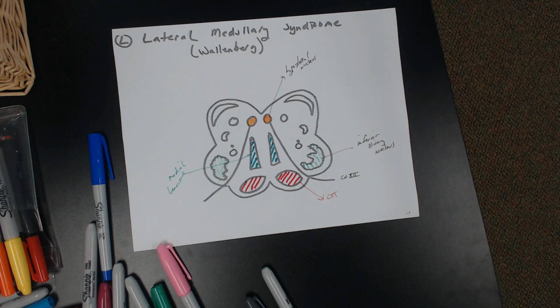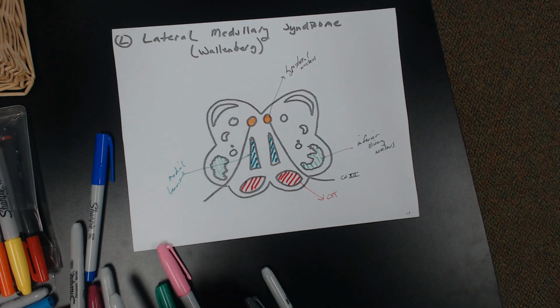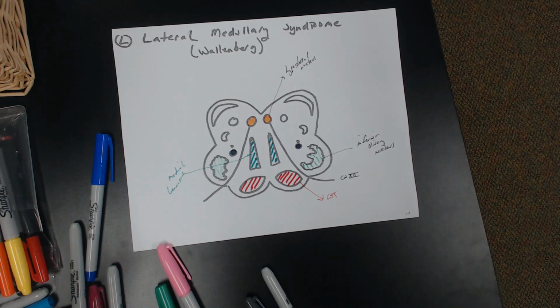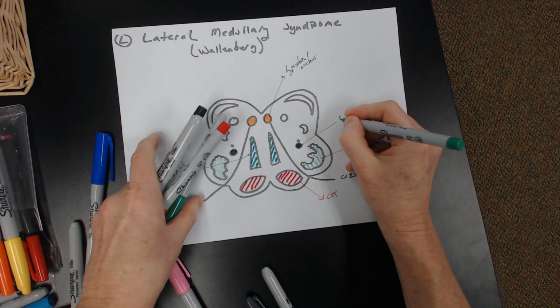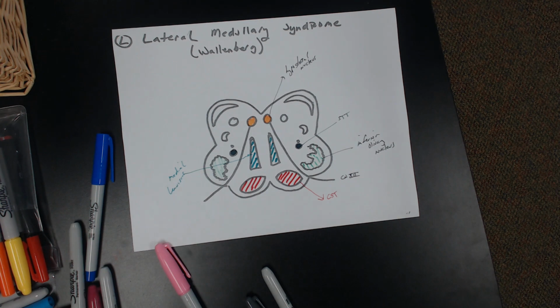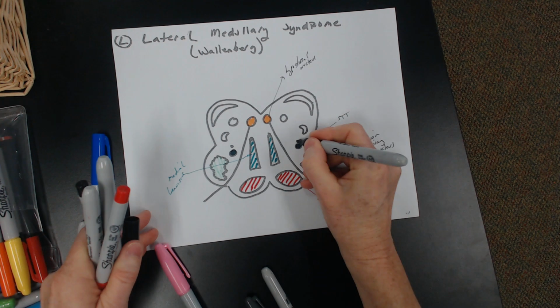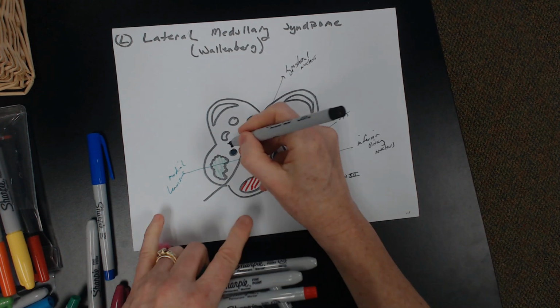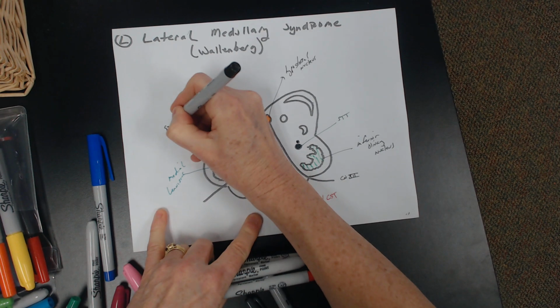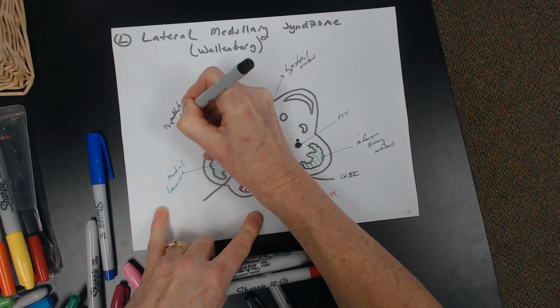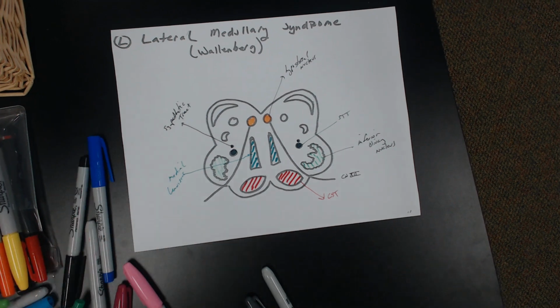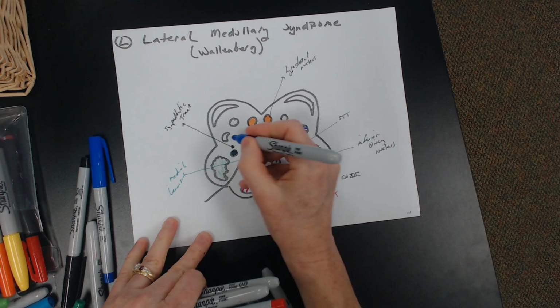Colors the same. Here I used a good dark green as here's the STT. And then usually hanging around with the STT is going to be your sympathetic tract. Okay, just above that, it's going to be your spinal nucleus of trigeminal.